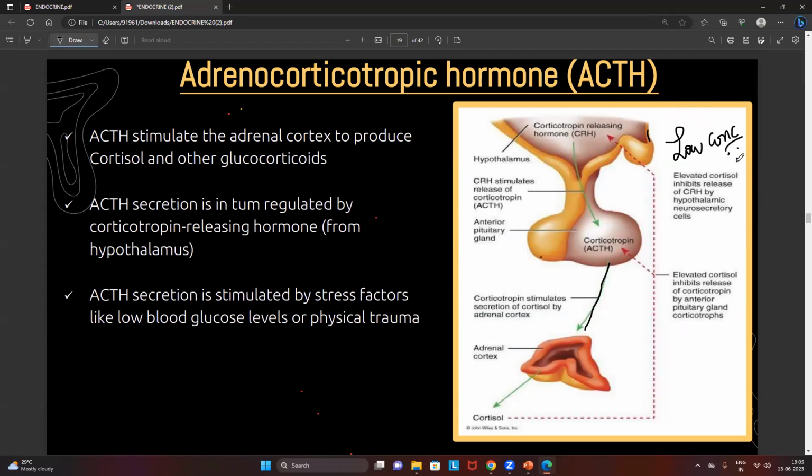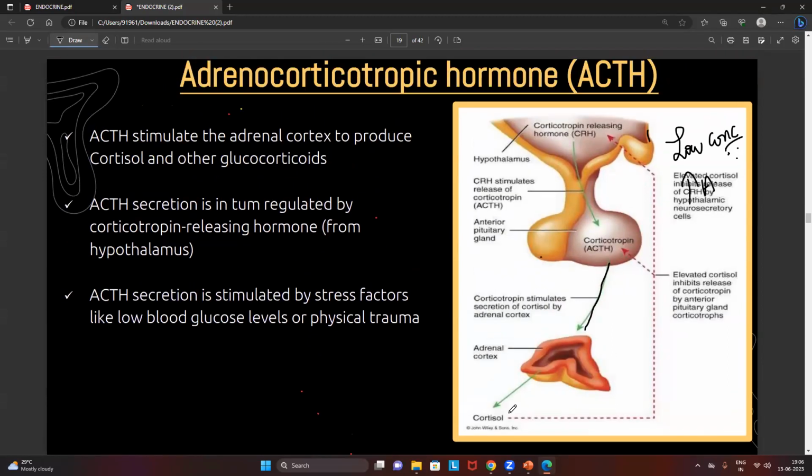What I told you, friends, in yesterday's class: the more the concentration, the lower the activity. The lower the concentration, the more the activity. Always remember that.